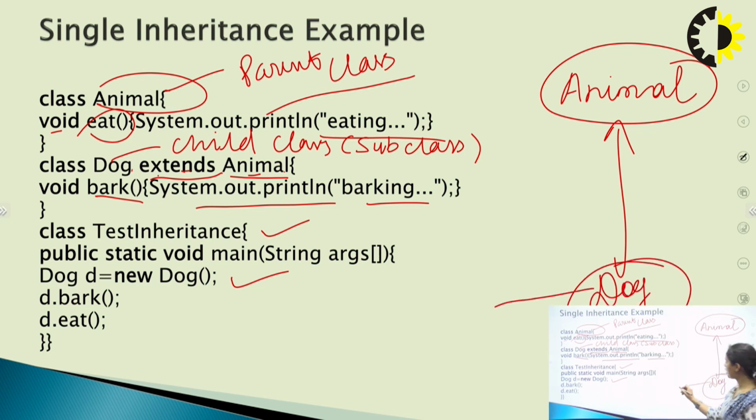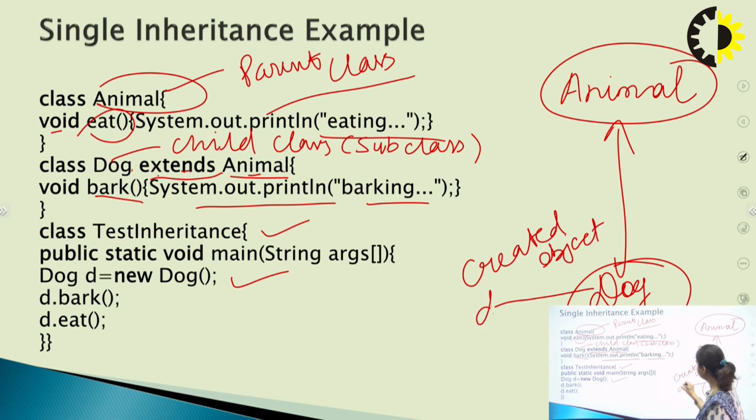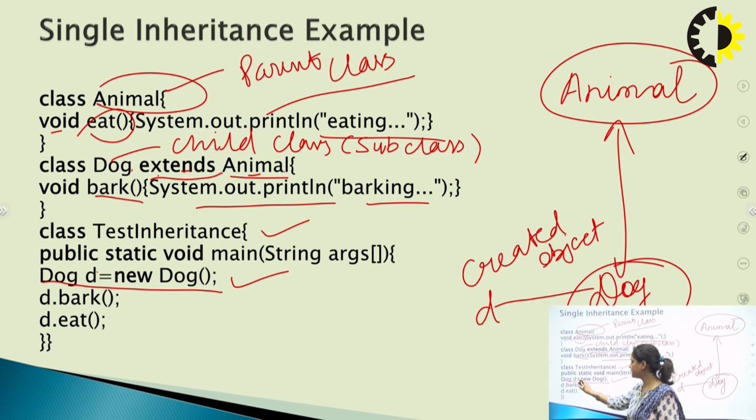And we have created an object for this Dog named d. So, class name, object name equals new class name. So d is the object of class Dog.